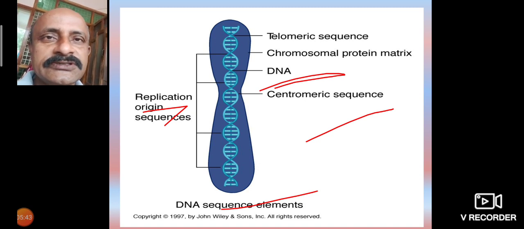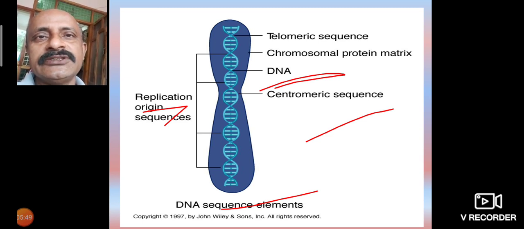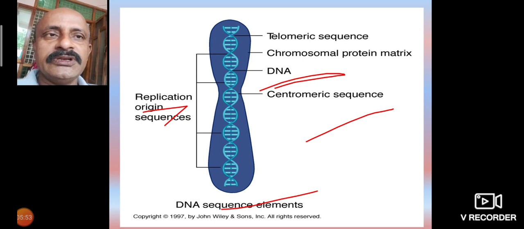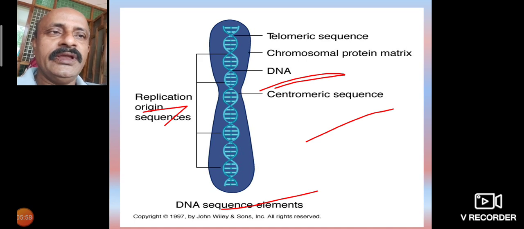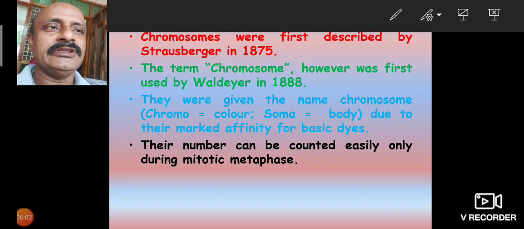The coiled structure inside is called the chromatids. The part joining these two chromatids is called the centromere. So either side of the centromere is called the pellicle, a fluid-like structure.